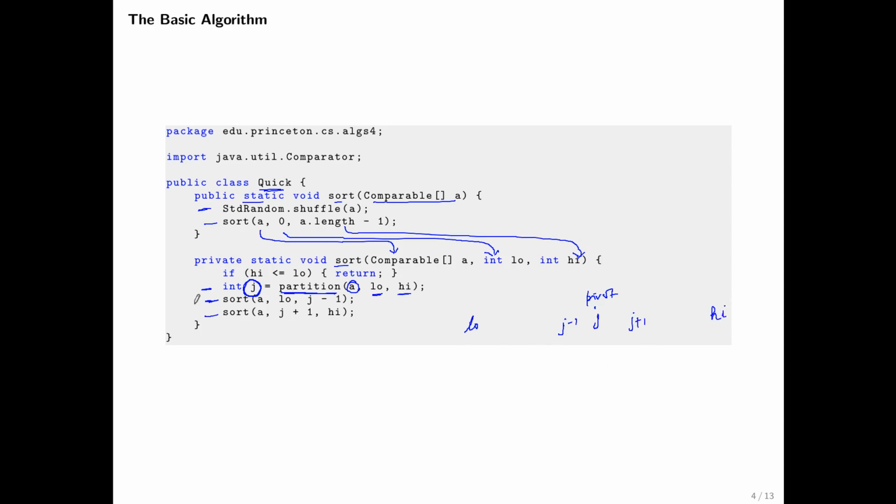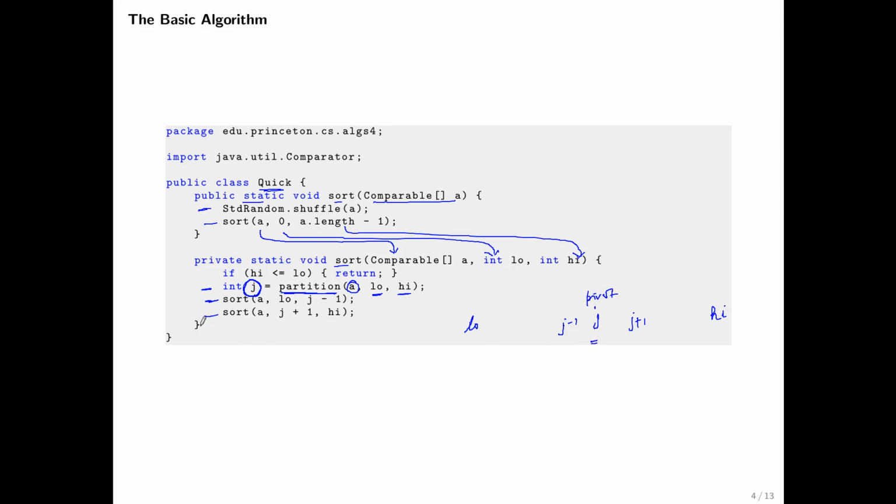Okay, so it's very simple conceptually. We first partition the elements in A from low to high by making a call to partition, which will pick a pivot element and make sure that it ends up at the right place, and it returns the index where the pivot ends up, which is j.